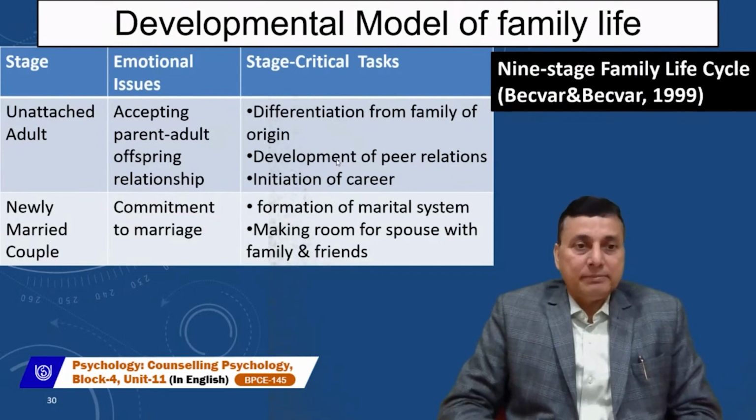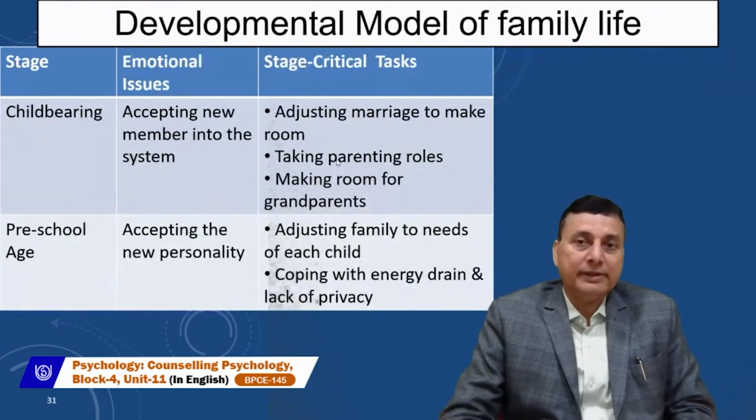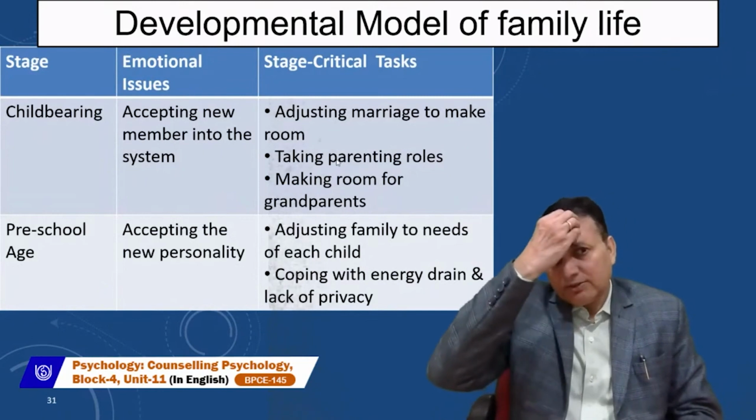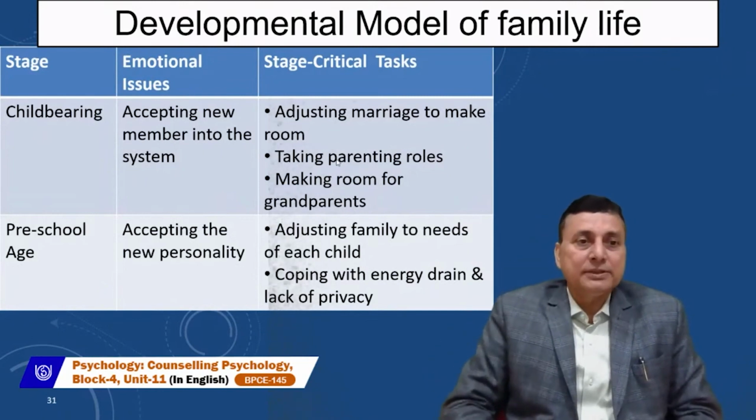Newly married couple: commitment to marriage, and then formation of marital system, making room for a spouse with family and friends. Childbearing family: accepting new members into the system, adjusting marriage to make room, taking parenting role, making room for grandparents.